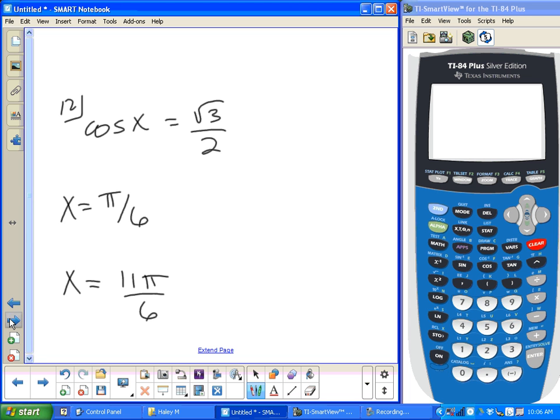If you went all the way around and went to pi over 6, you added 2 pi, didn't you? Now, you could go all the way around twice, couldn't you? So you could just keep adding 2 pi or subtracting 2 pi to get as many solutions as you could think of. So what we do to name all the solutions is we'll say plus 2 pi times n. A lot of times some people use k.